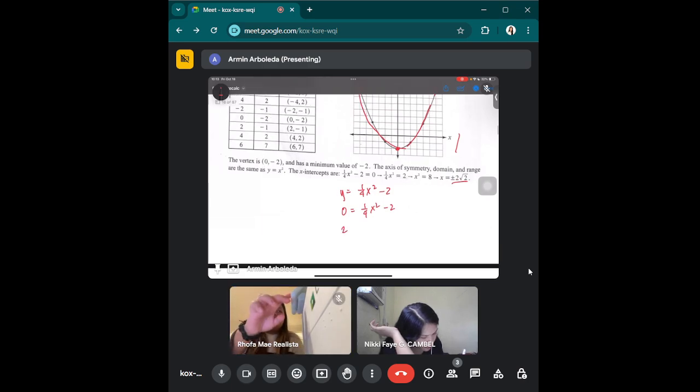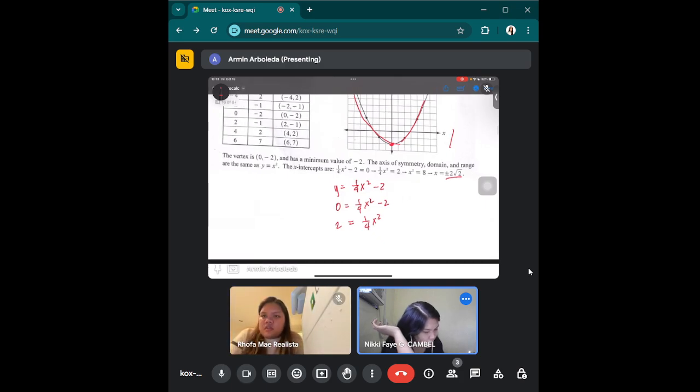Anong gagawin pag dito? You're gonna have to multiply it by 4, right? To cancel out the 4. It's gonna be 8 equal to x squared.